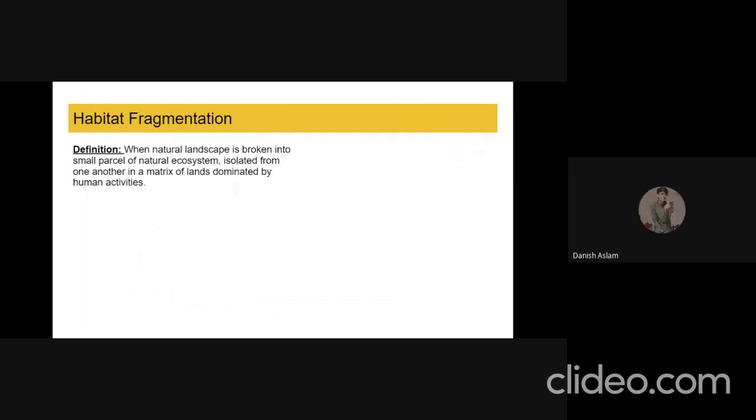Ma'am, could you repeat the question, please? If there is a road within that forest, what will happen? How can this impact the species? Ma'am, basically it divides the forest into two parts, so the animals will not go from one side to the other, and it will also reduce their settlement area and their prey.